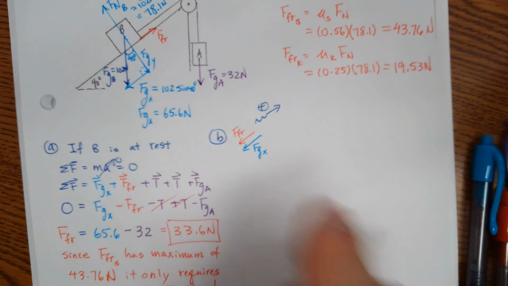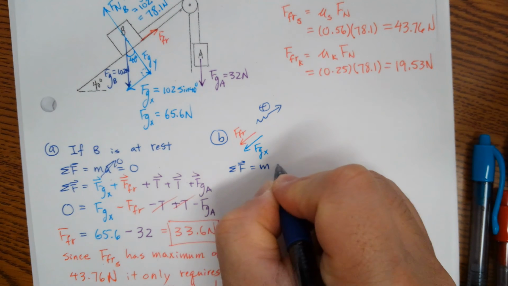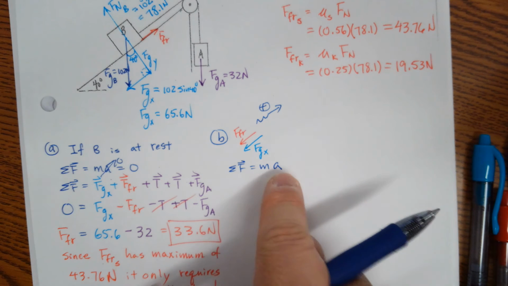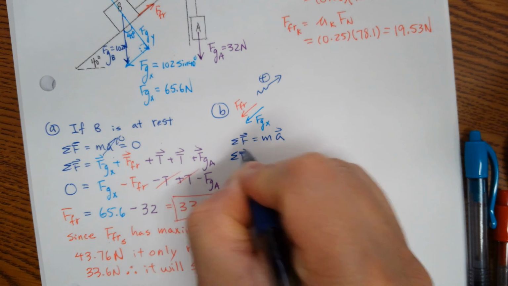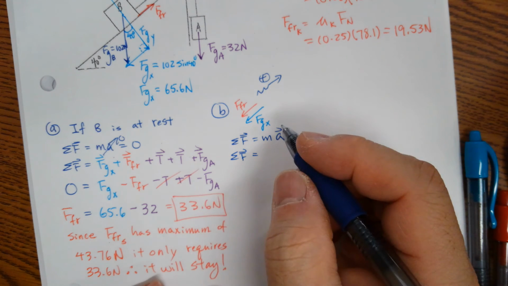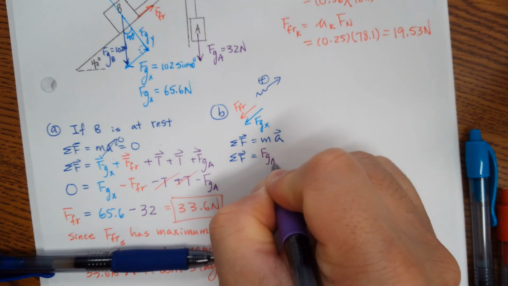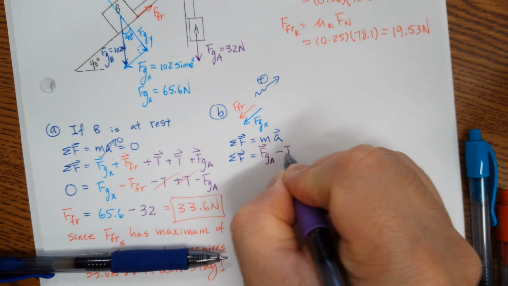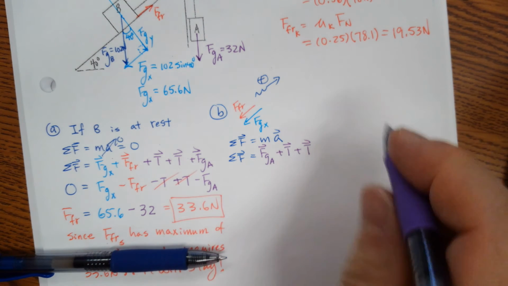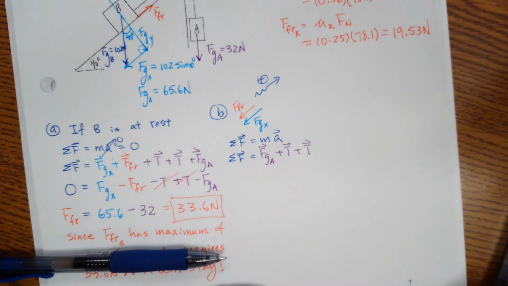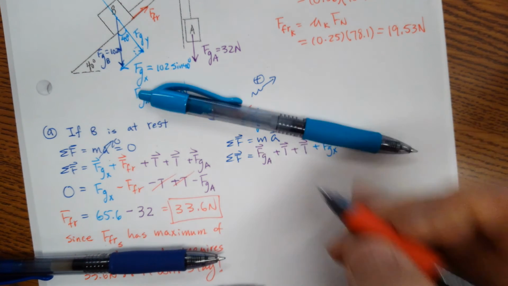Again, the sum of all forces is equal to ma, but this time my acceleration is not going to be 0. The sum of all forces: here I have FGA minus tension. I'm going to just put that all in positives for now, so plus FGX plus friction.